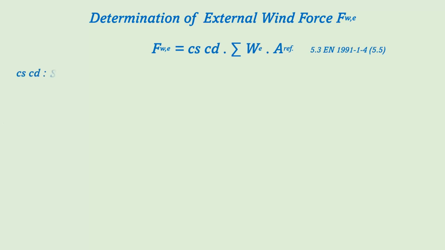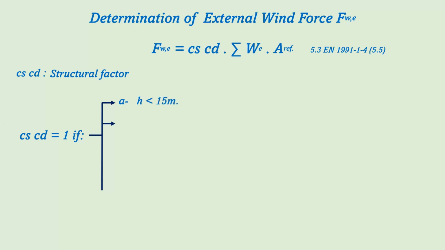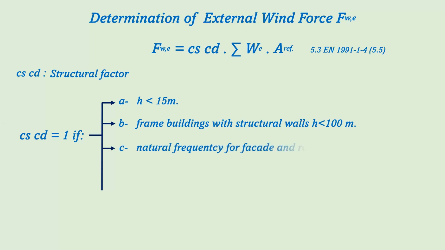Determination of external wind force FWE. FWE equals CSCD times summation of WE times A reference. CSCD is the structural factor and it equals 1 if A, the height of the building is less than 15 meters, B, the height of frame buildings with structural walls less than 100 meters, C, natural frequency for facade and roof elements greater than 5 Hz.